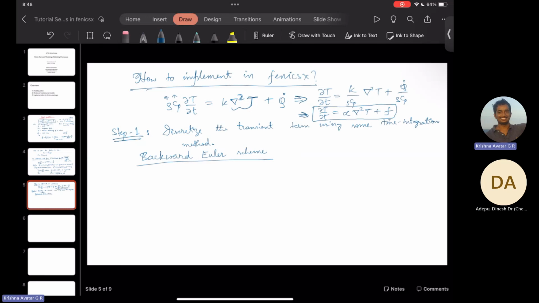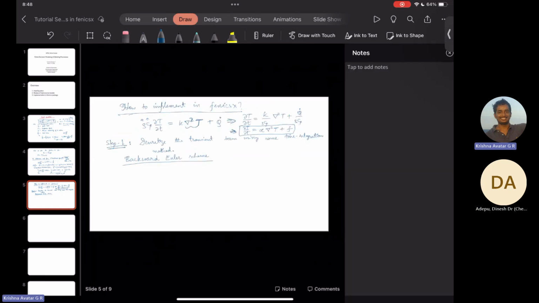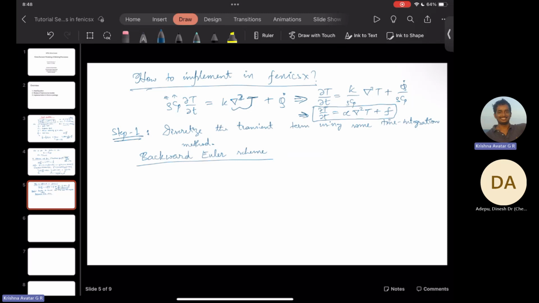In the backward Euler scheme, we discretize the transient term as T at n plus 1 minus T at n, divided by delta t, equal to alpha Laplacian of T at n plus 1, and f at n plus 1. This is the backward Euler scheme.